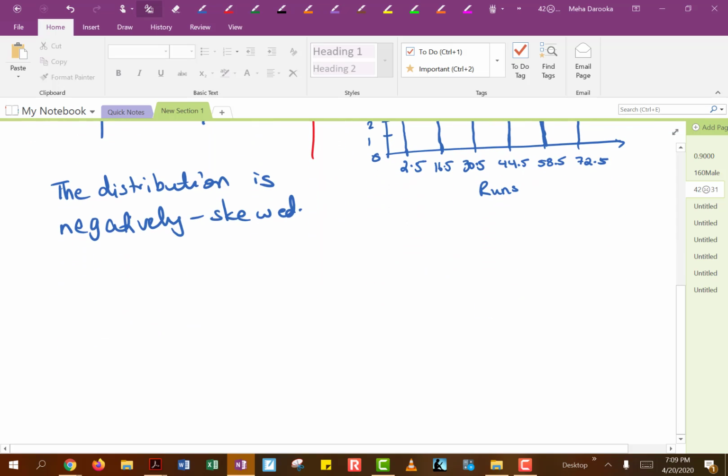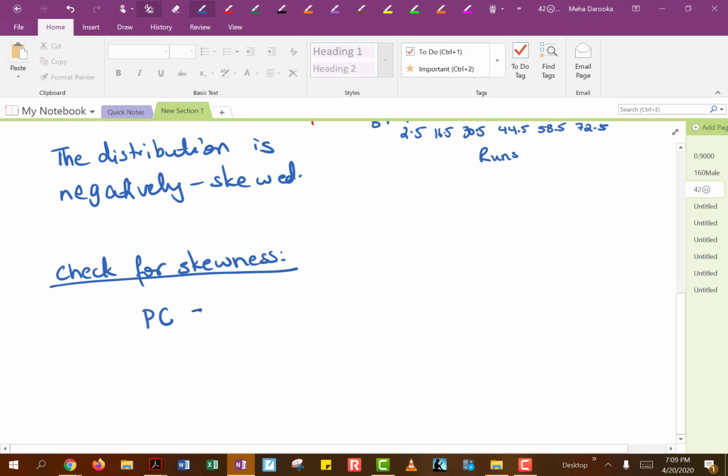Now the next thing we want to check for is skewness. To check for the skewness, we use our Pearson coefficient. That formula is 3 times the mean minus the median, divided by our standard deviation.